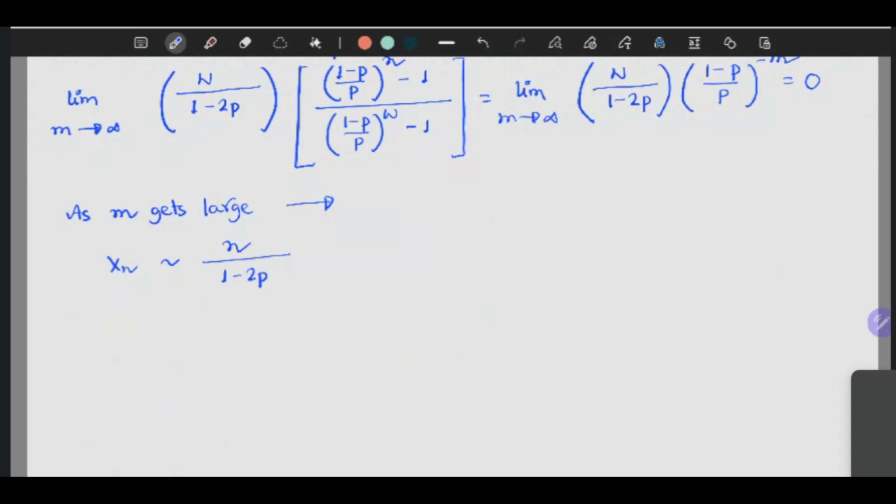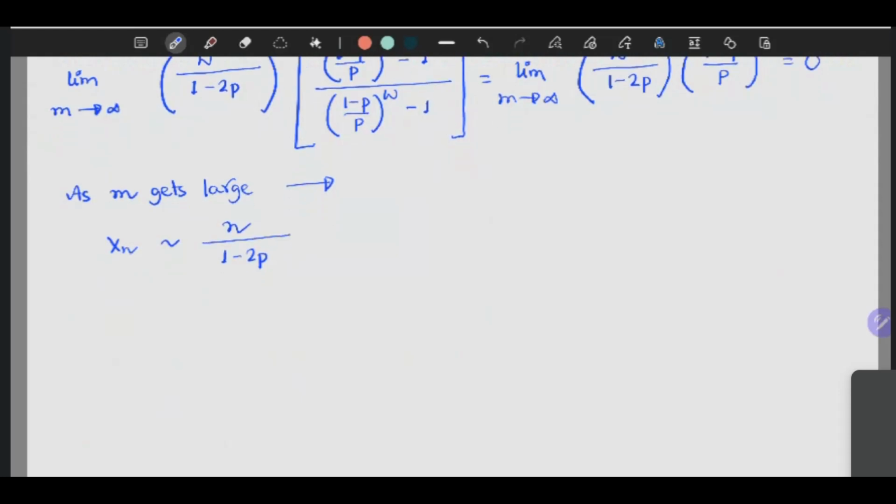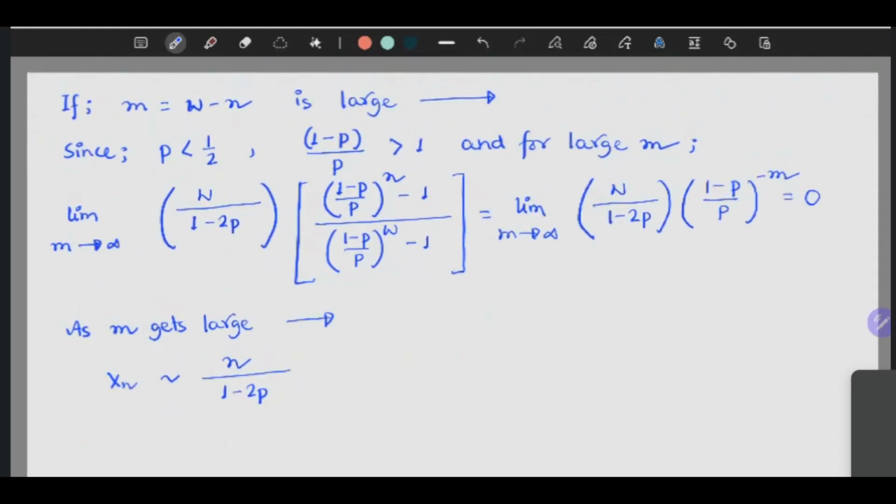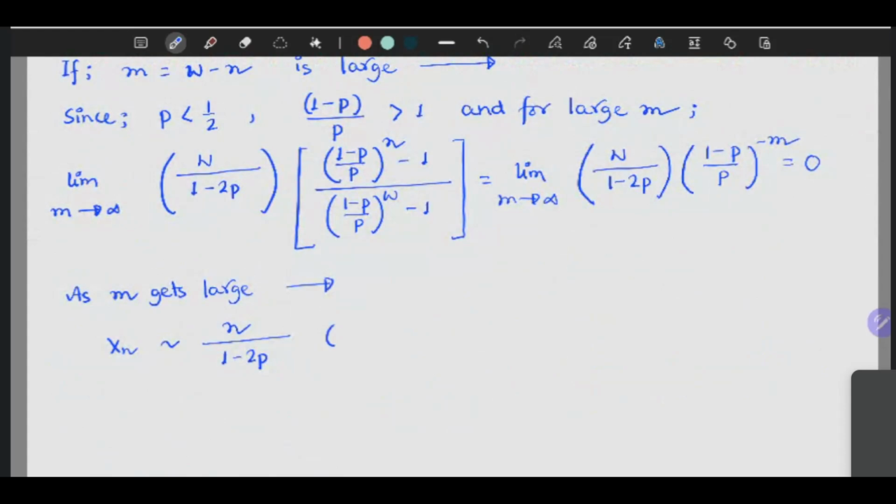So this is happening like so. This is a probabilistic viewpoint. So what does it mean?